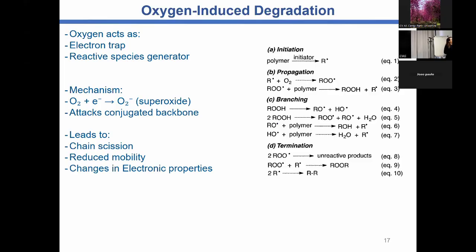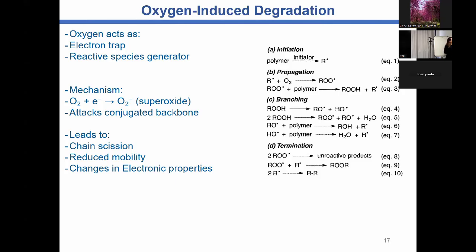The oxygen-induced degradation of organics usually happens with one component in the molecule or polymer. It usually happens with the superoxide, the interaction of oxygen with the electron, and this superoxide attacks, for instance, the conjugated backbone.